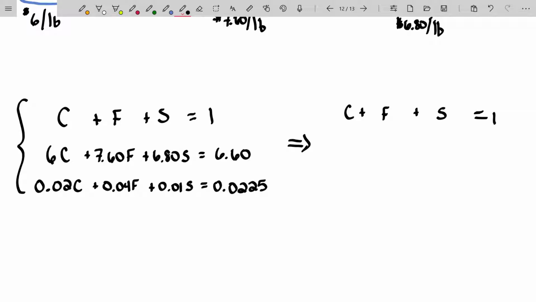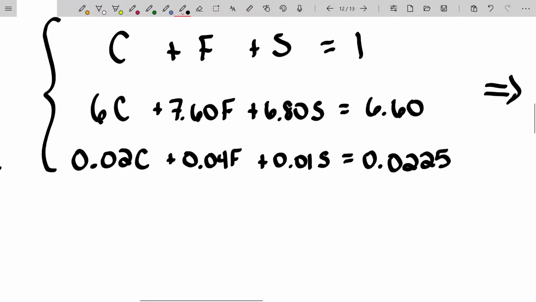And then the second equation will be 60C plus 76F plus 68S is equal to 66. That's just much easier to go ahead and multiply everything by 10 there.